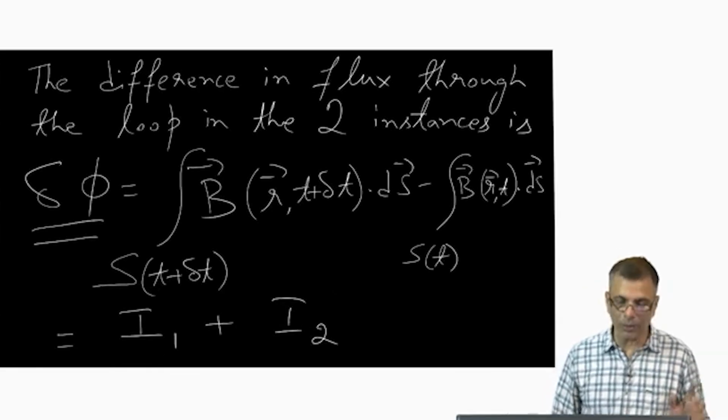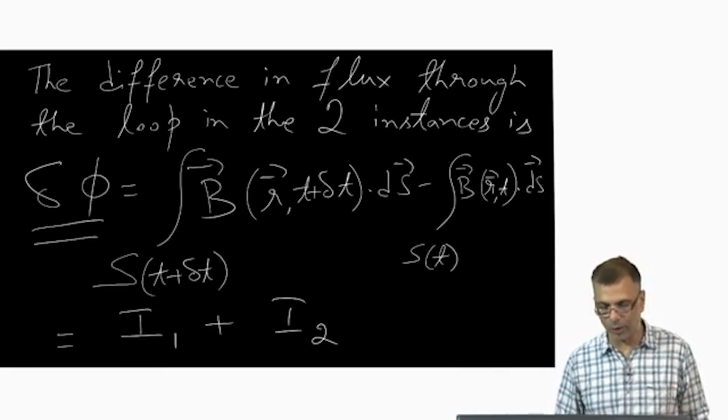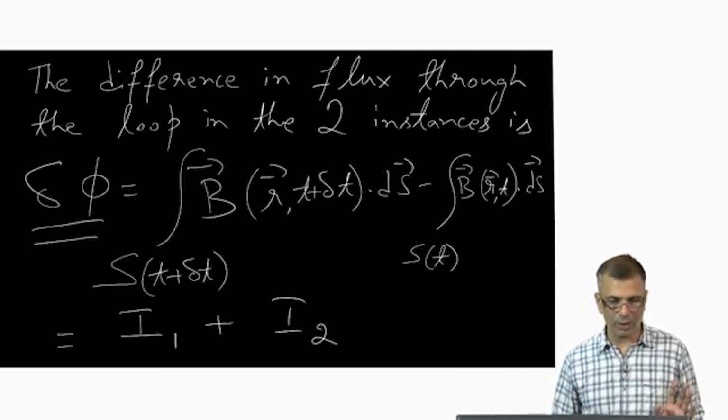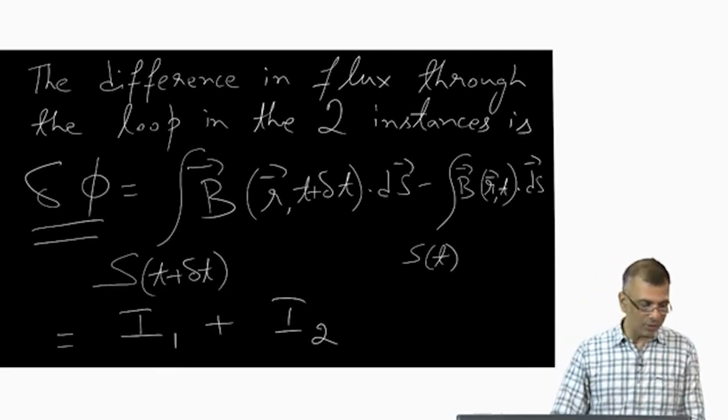And so that is why we are saying that delta phi is equal to I1 plus I2. The reason we are doing it this slightly convoluted way is that there are certain simple physical interpretations of I1 and I2, and it is a little easier to arrive at the physical interpretation of I2 first.